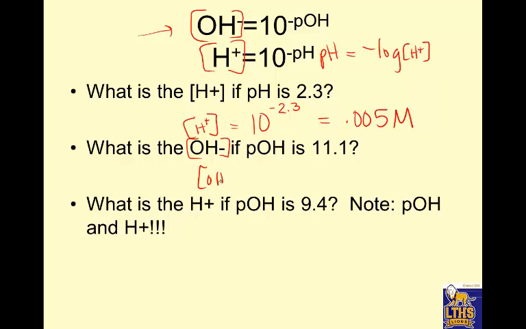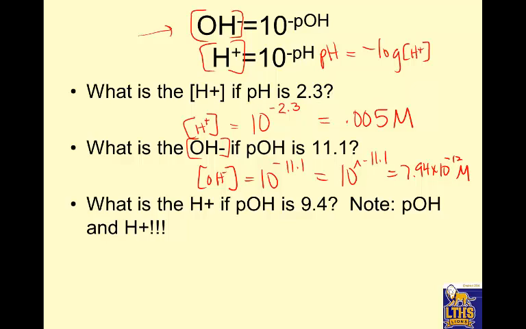Well, the hydroxide concentration is 10 to the negative 11.1. How do you plug that into your calculator? 10 caret negative 11.1. We find out that the hydroxide ion concentration is 7.94 times 10 to the negative 12 molar. Anytime you're looking for a concentration, it's a molarity.